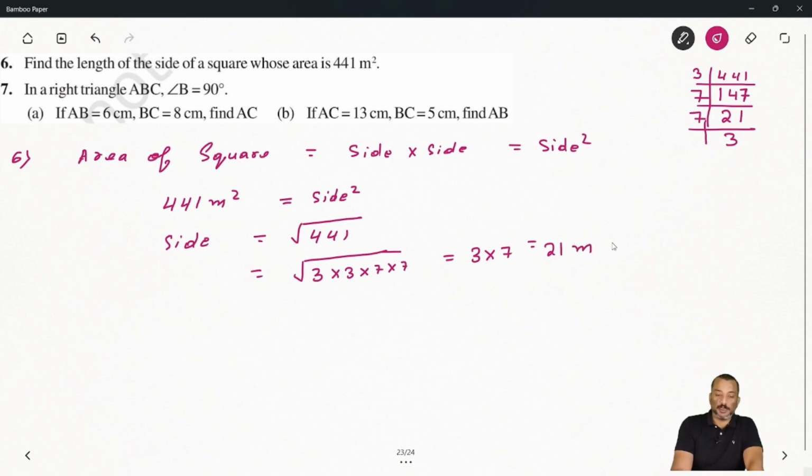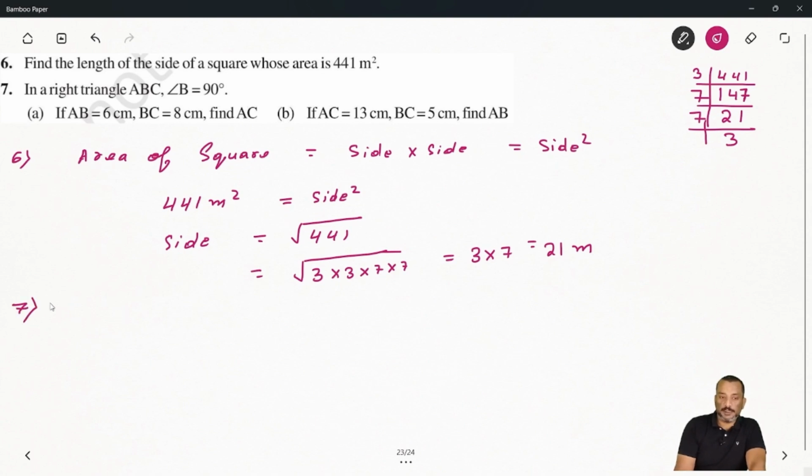Hope it's clear. Now coming to the given right angle triangle, angle B. In a right triangle, AB is equal to 6 centimeter, BC is equal to 8 centimeter, find AC. So you know the Pythagoras theorem.